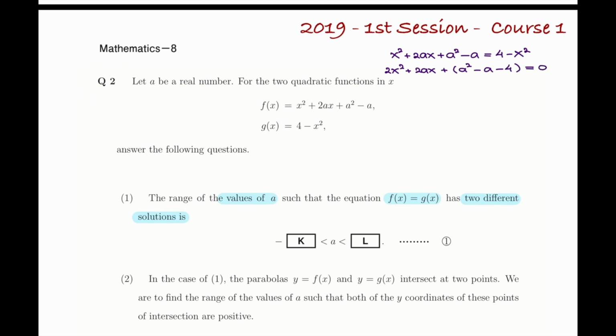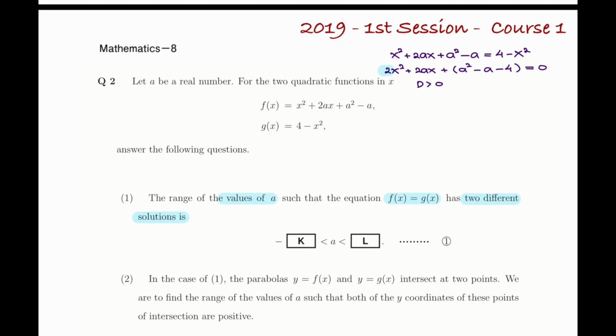As you can see, we have a quadratic equation here. Then our quadratic equation must have two different solutions. That means for the quadratic equation to have two different solutions, the discriminant must be greater than 0. The formula of discriminant is b squared minus 4ac, yeah?